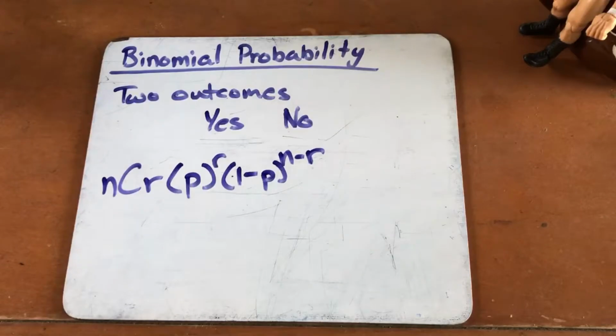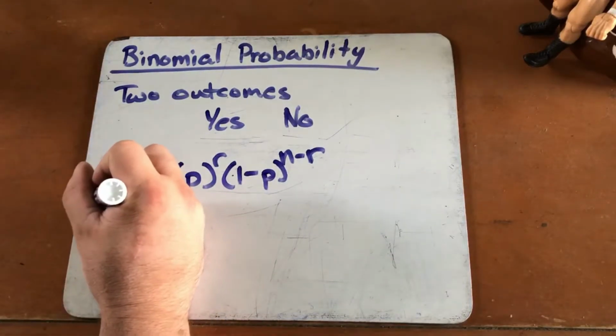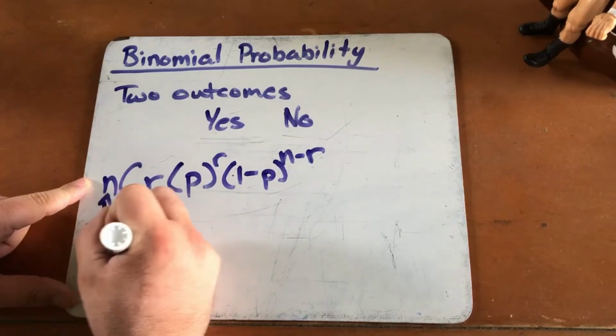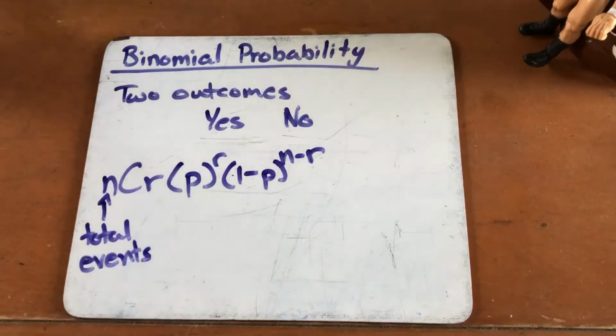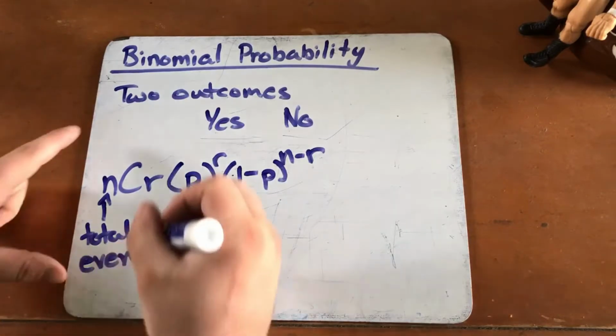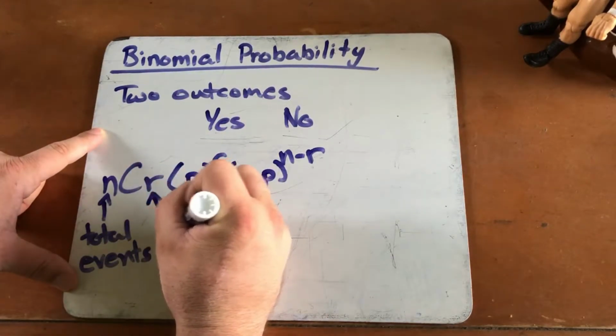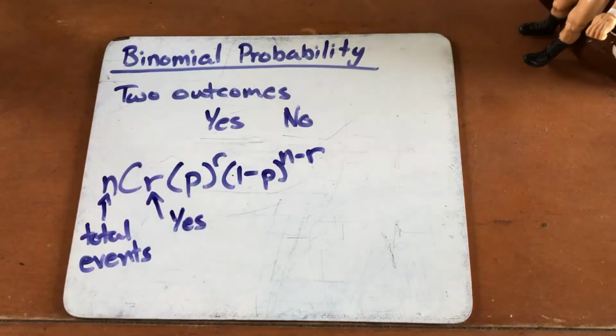Notice that we have N, which is my total events. How many events are taking place? There's a certain number. R is how many yeses or how many successes. How many times are we trying to get the thing we want?